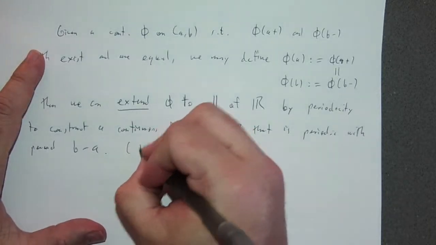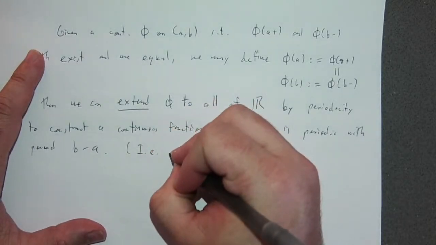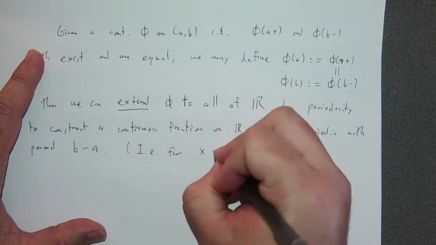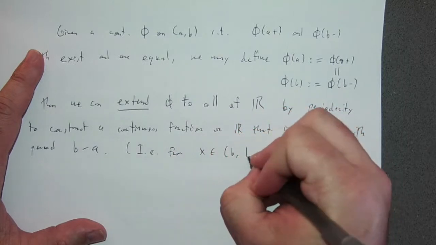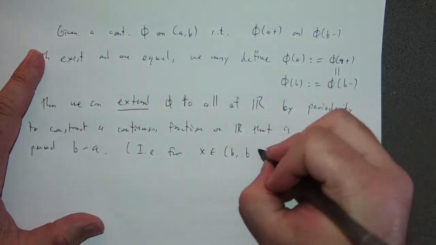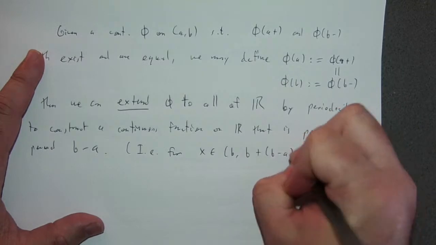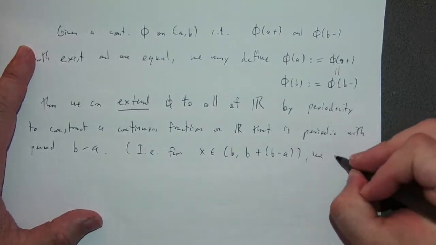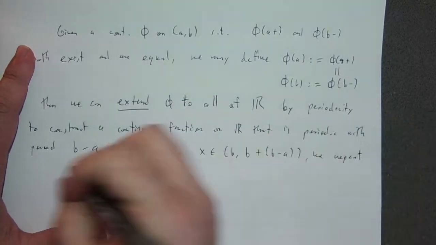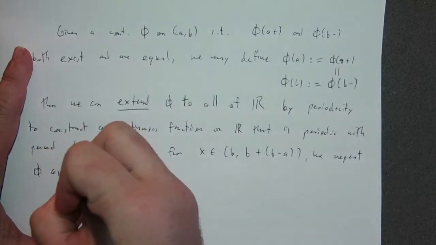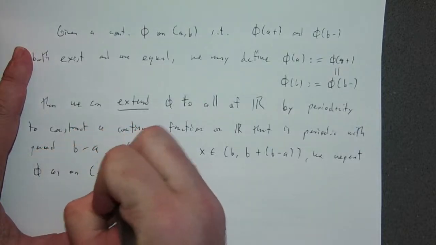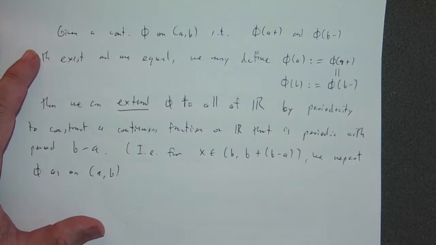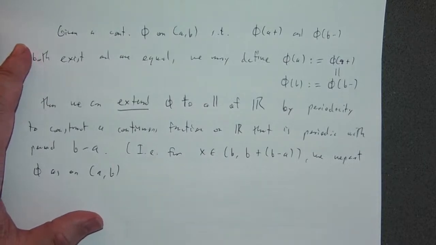I.e., for x in, say, b to b plus (b minus a), the next window to the right, we just repeat the function. We repeat phi as on the interval a to b. This new interval has the same length as this interval, so we can do this in a nice way, right?